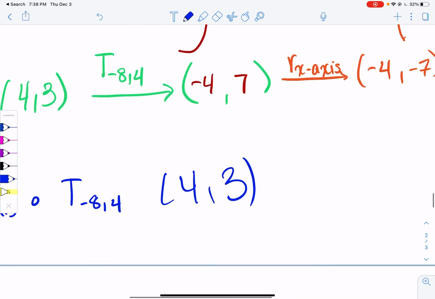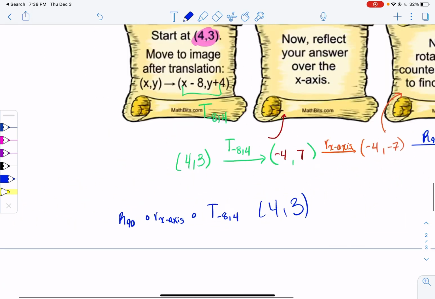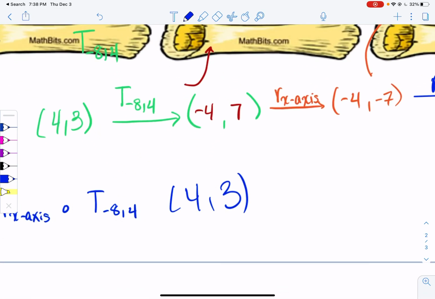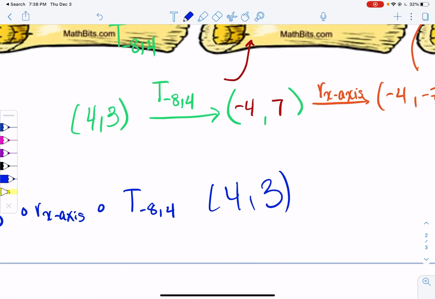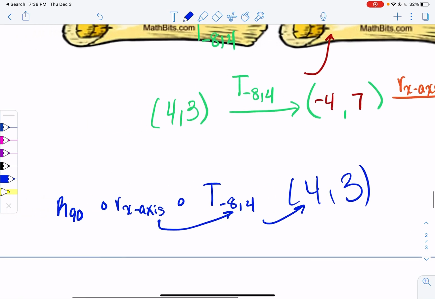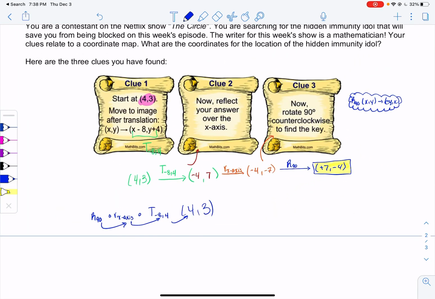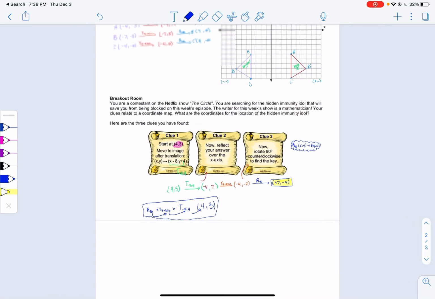And then last but not least, I did a rotation of 90. So what this question is basically saying, if I wanted to put this into composition notation, is do a translation of negative 8, 4 on 4, 3, then do a reflection over the x-axis on that answer, and then do a rotation of 90 on that answer. And that's it. That was the idea of this question. We wanted to be able to translate it to a composition at the very end.